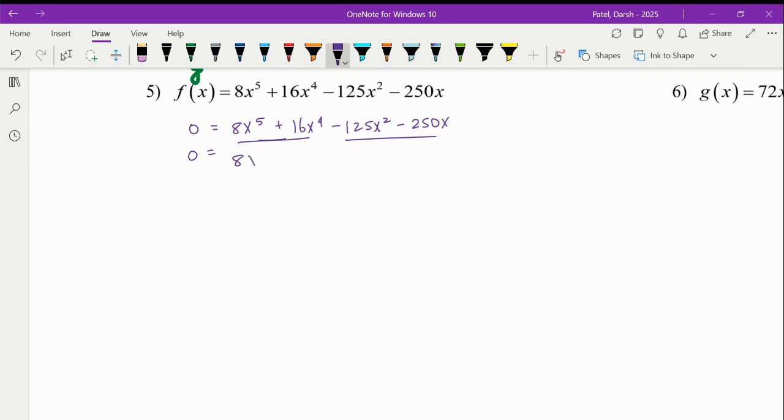So it would be 8x fourth outside the parentheses, x plus 2, minus 125x outside the parentheses, and inside would be x plus 2. And now we see we have the common term over here and here. So we're just going to use our standard factor by grouping method. First term would be x, 8x fourth minus 125x times x plus 2, since that's repeated twice.